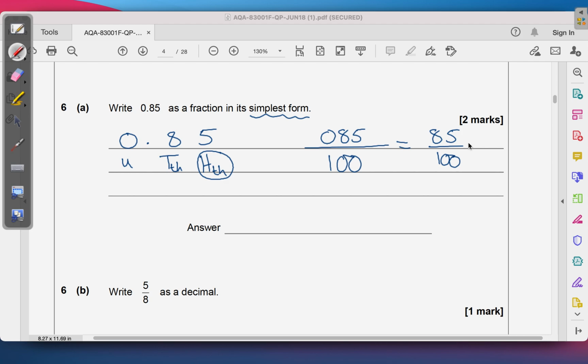So we find 5 as a potential factor, and we divide the top and bottom by 5 to make it simpler. So 85 divided by 5 is going to be 17. 100 divided by 5 is going to be 20. Now we look at this number and ask, can we simplify that any more? Well, 17 is a prime number, so no, we can't. So the answer is 17 out of 20.